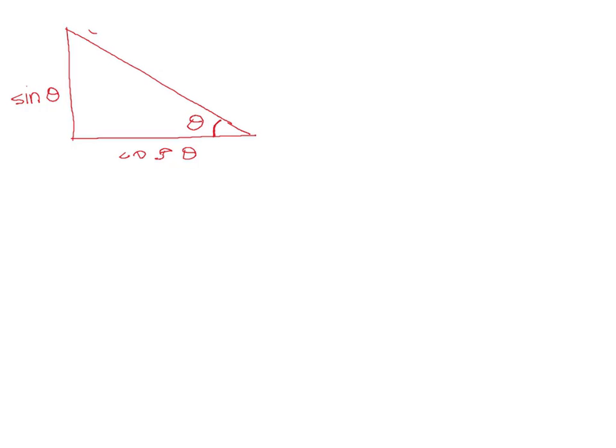And I know that that's true if this is 1. Good? Okay. So I have an identity which says that using the Pythagorean theorem, cosine squared theta plus sine squared theta has to equal 1, right?